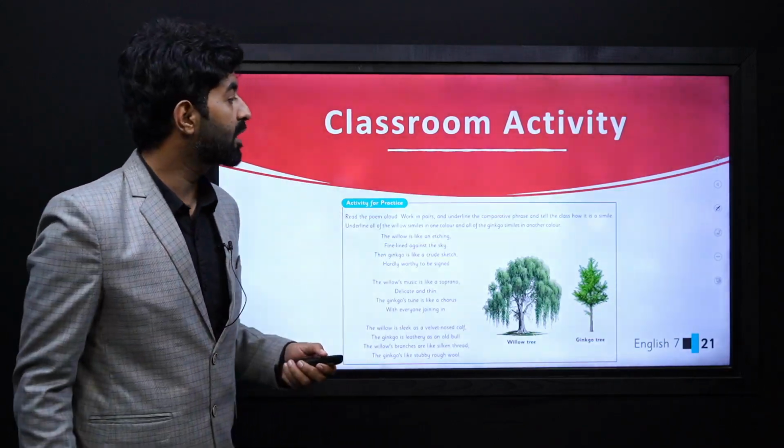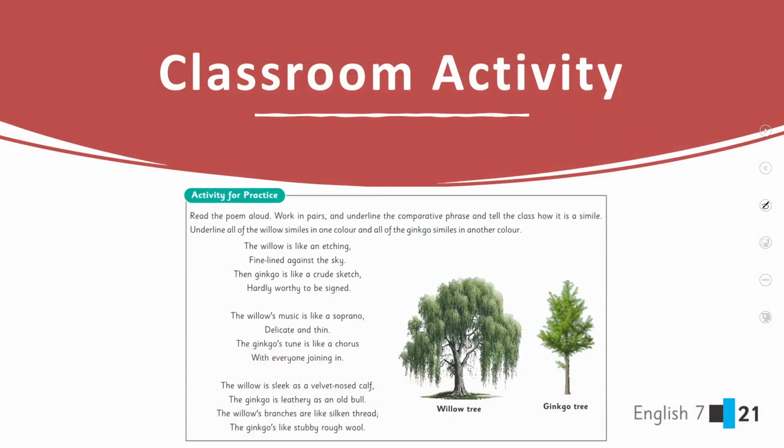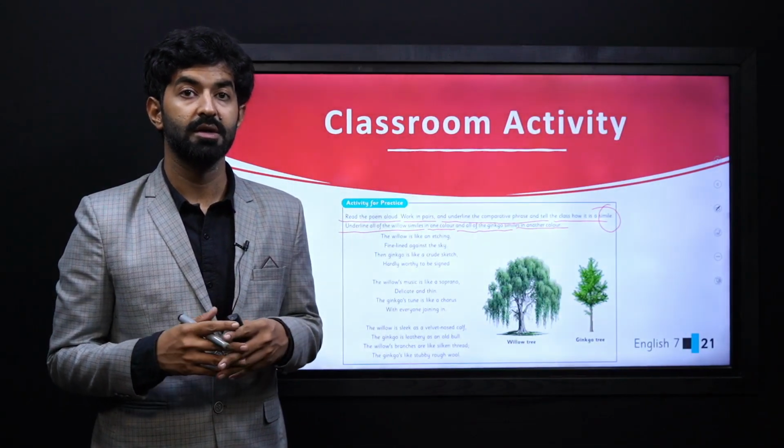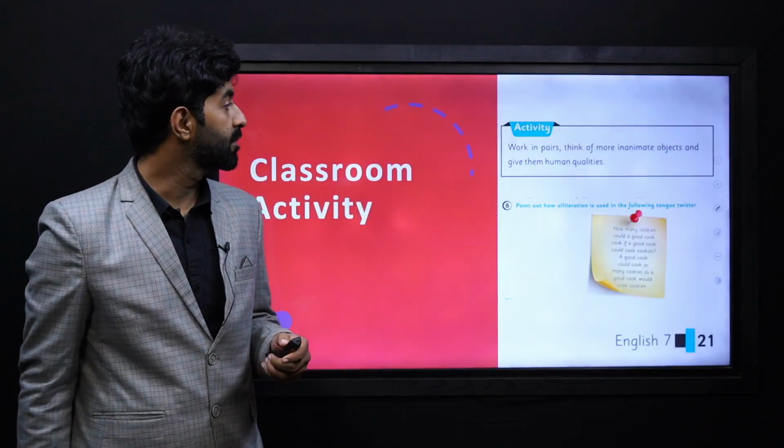Now coming to your classroom activity from page 21, you have to read this poem aloud, work in pairs, and underline the comparative phrase and tell the class how it's a simile. Underline all of the willow similes in one color and all of the ginkgo similes in another color. Now this will be very interesting for you to practice your simile figure of speech.